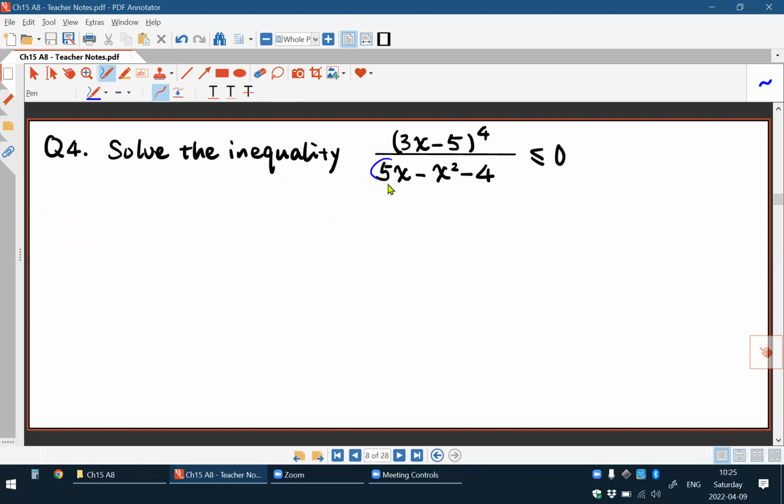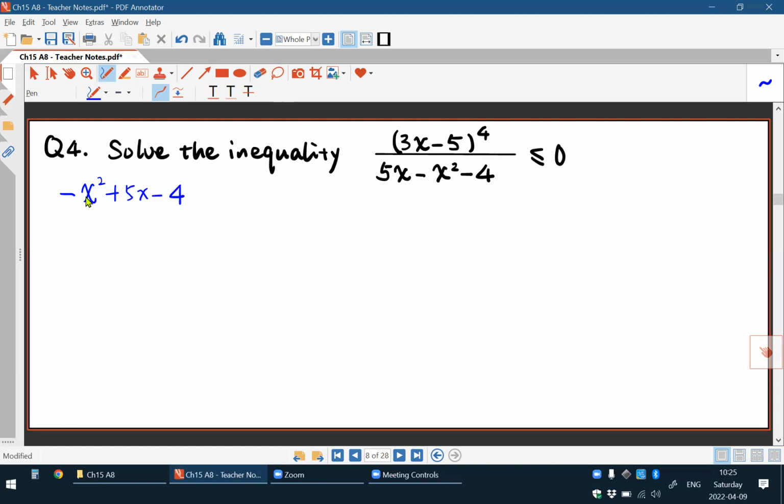First of all, the denominator here is a trinomial. For a trinomial, first let's have a look at if we can factor it into a product of some binomials. If that can be done, that will simplify this question, right? Usually in order to factor it, it's better to rearrange all the terms from the highest order to the lowest order. So this is -x² plus 5x minus 4, right?